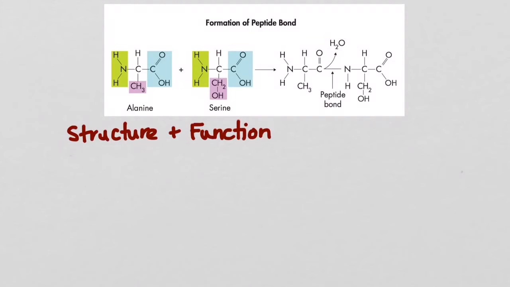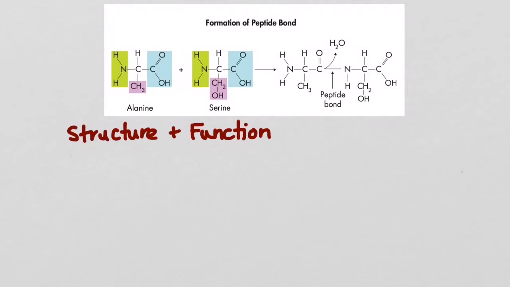Again, that's by having the amino group of one combined with the carboxyl group of another. And though these look very similar, they are some of the most diverse molecules that we have, and it's because of this R group shown in purple.